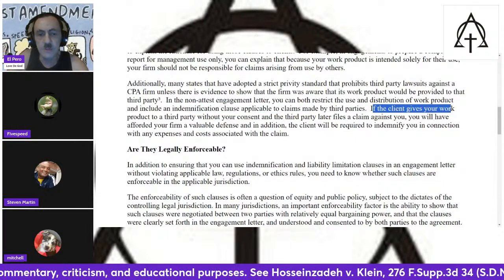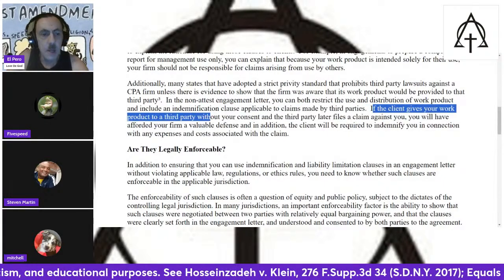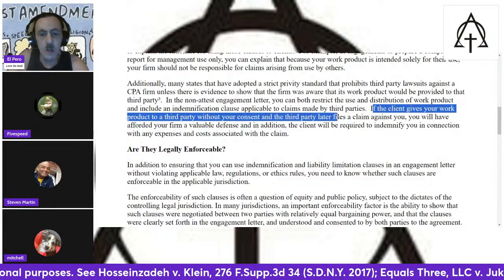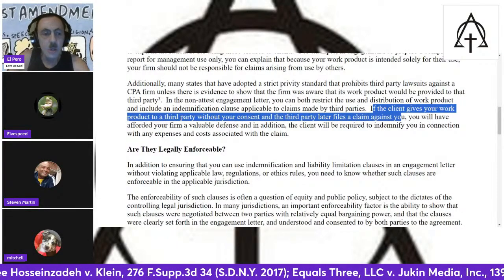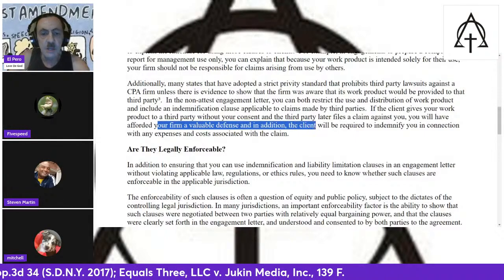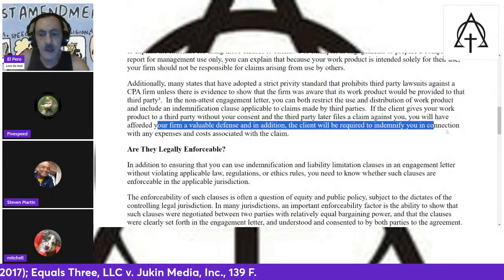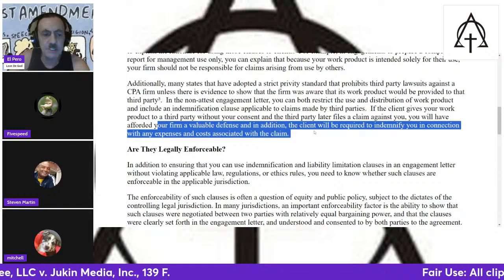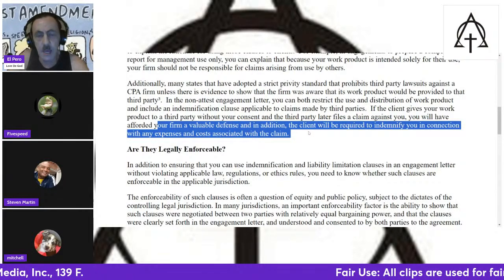And include an indemnification clause applicable to claims made by third parties. If the client gives your work product to a third party without your consent and the third party later files a claim against you, you will have afforded your firm a valuable defense, and in addition, the client will be required to indemnify you in connection with any expenses and costs associated with that claim.